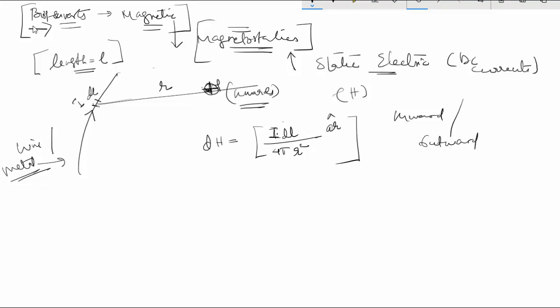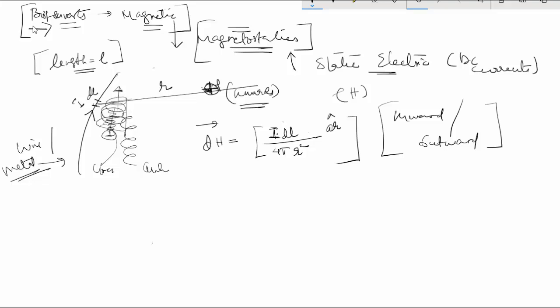To find out the direction of this vector, the magnetic field intensity, suppose you are considering a screw, and the screw is turned in the direction of the current. So the current is moving in this way, and if you are turning it in this way, then it will go inwards. If the current is coming outwards, then you will be turning the screw in the anti-clockwise direction, and here you will be turning it in the clockwise direction.